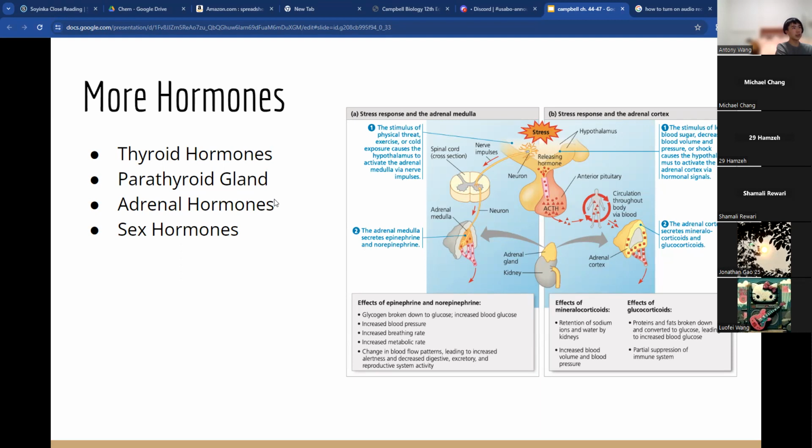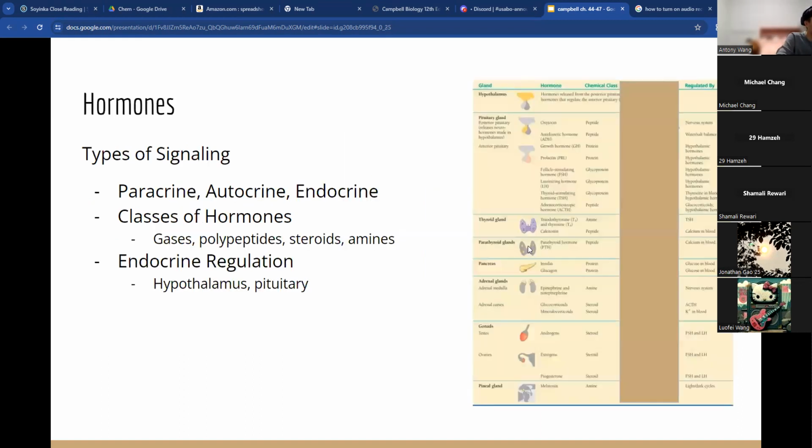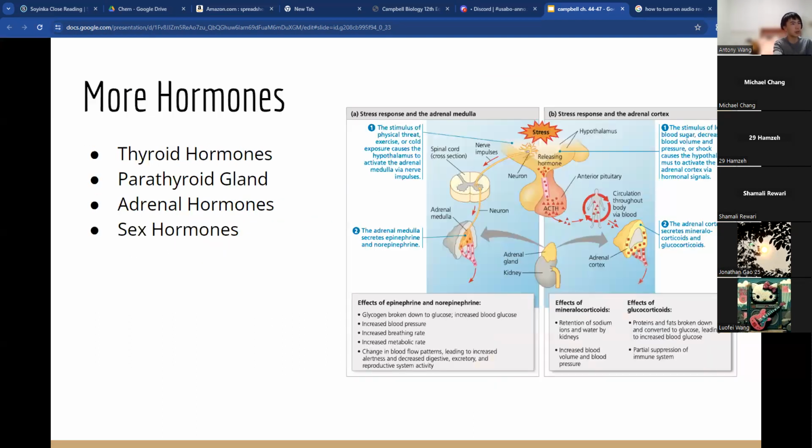Parathyroid, the parathyroid gland. I don't know if you can see on this, but right here, you can see the shape of the thyroid. These are like spots on the four corners of the thyroid. And this secretes a hormone called parathyroid hormone. And this is very important because it raises blood calcium levels.